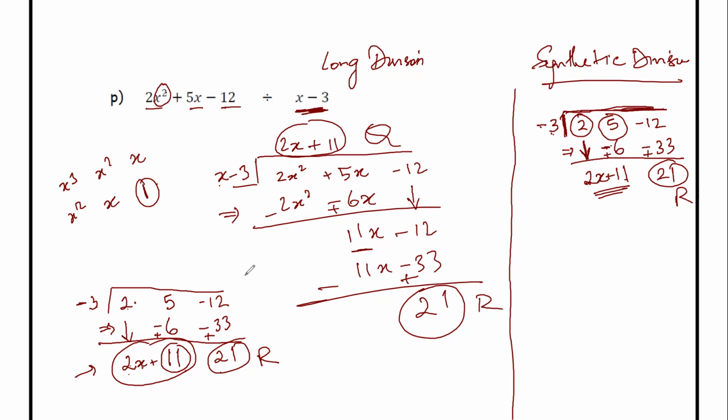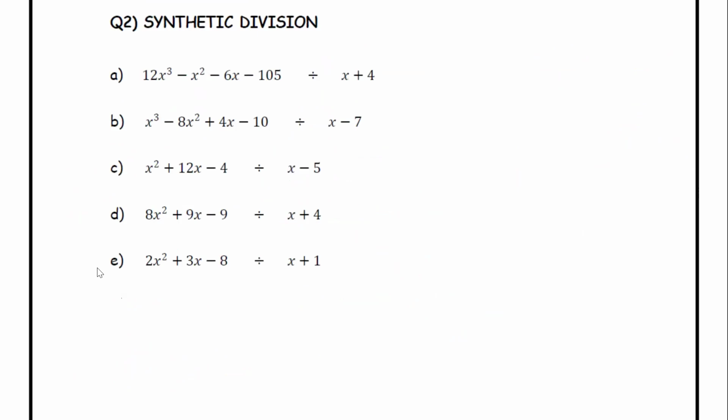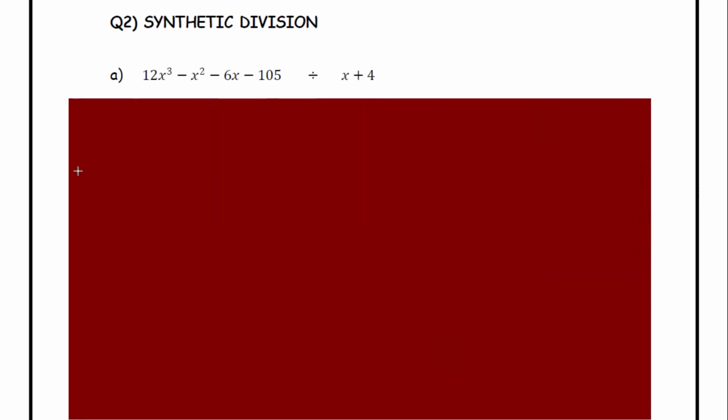That is synthetic division for you. Let's now solve a few questions. So let's start with the first one. Synthetic division: write down the coefficients 12, leave some gap, negative 1, leave some gap, negative 6, and negative 105.